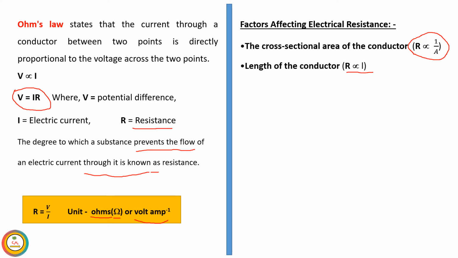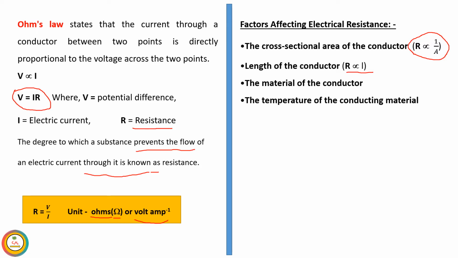The material of the conductor, by which we form the conductor, for example metals, wood, rubber, semiconductors, etc. For those, the value of resistance is different. The temperature of the conducting material.